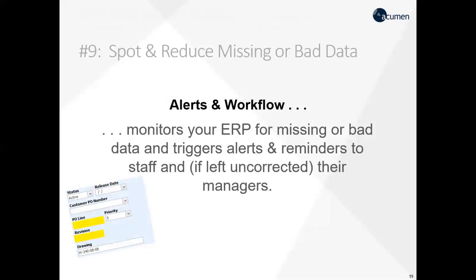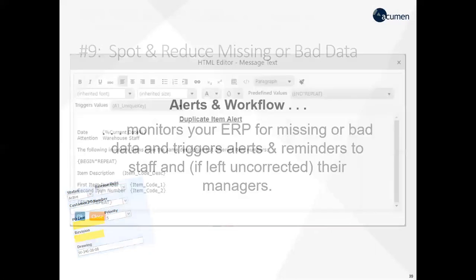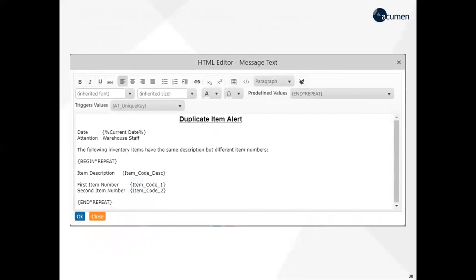One use of Sage Alerts and Workflow that often goes initially undetected by organizations is using the application to look for bad data, missing data, or simply exceptions to accepted data conditions. For example, in this particular scenario, we've actually got Sage Alerts and Workflow looking through your inventory items to look for duplicates. And in this case, duplicates are being described as items that have the exact same name or description, but have a different item number.